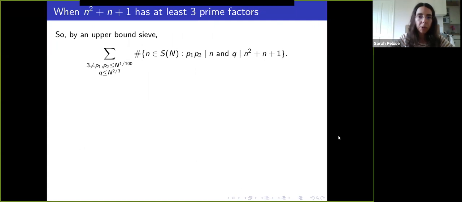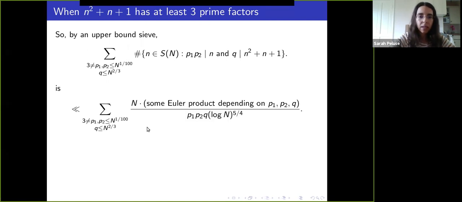So if we actually apply an upper bound sieve, in the end, we get that the thing we got from applying the union bound is bounded above by the same sum over primes of n divided by p1, p2, and q, and log n to the 5/4 as we expected, times some extra arithmetic factor from using the sieve. Because it's not quite true that exactly 5/4 of the congruence classes are removed modulo every prime.